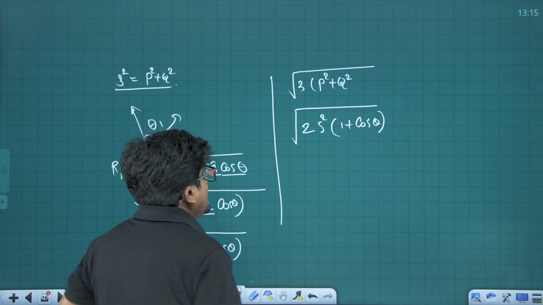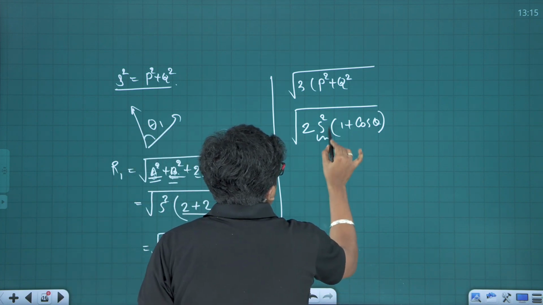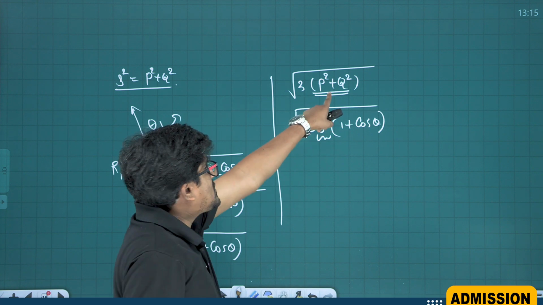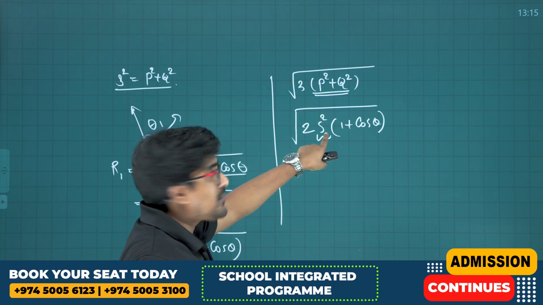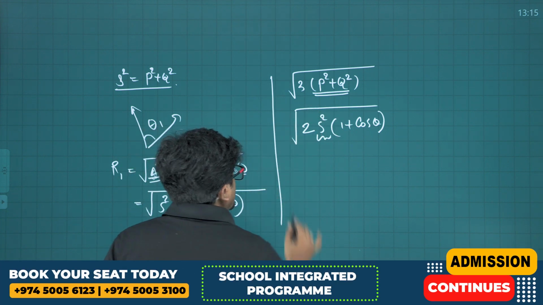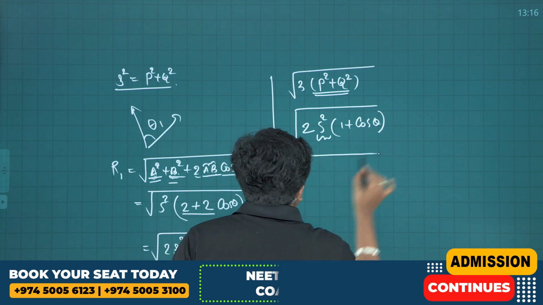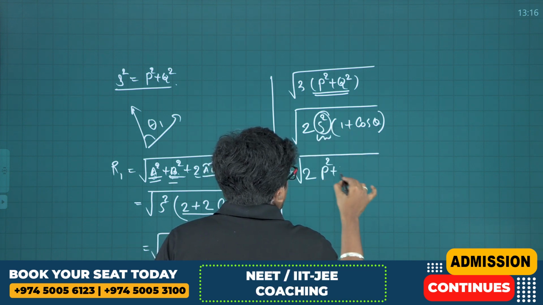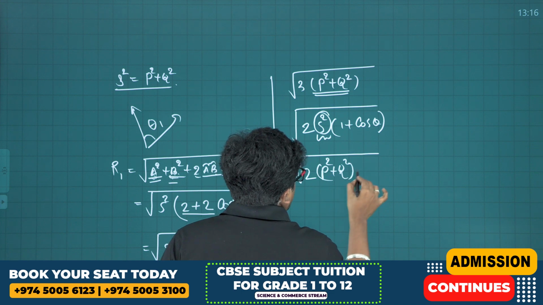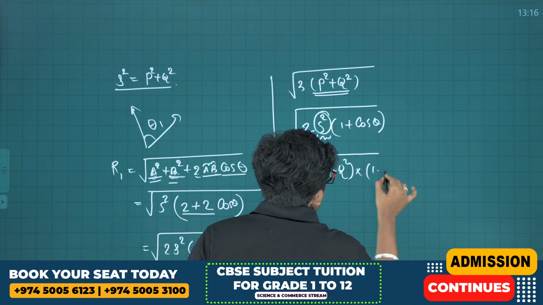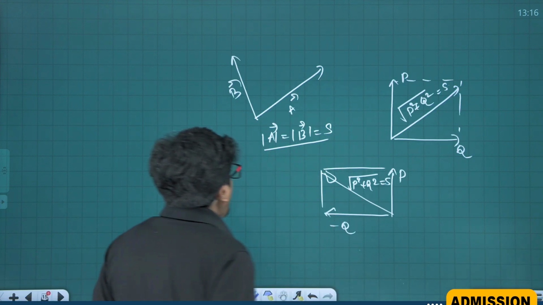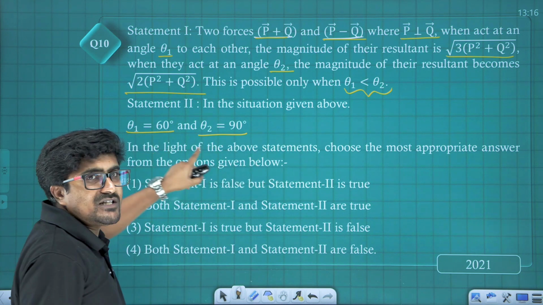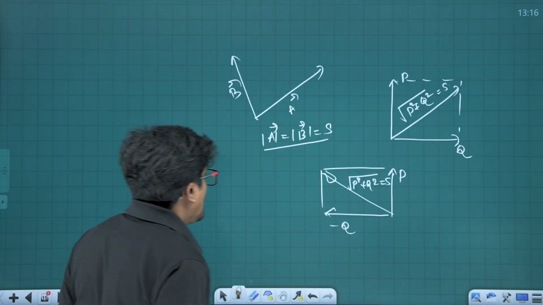Is that fine? Now have a look. Here S square is P square plus Q square. Now I can write this as 2 into P square plus Q square into 1 plus cos theta, and as per this case they are saying theta 1 is equal to 60 degree.